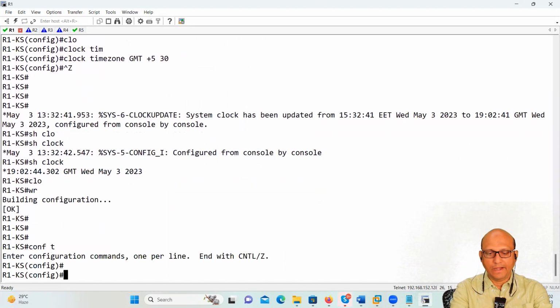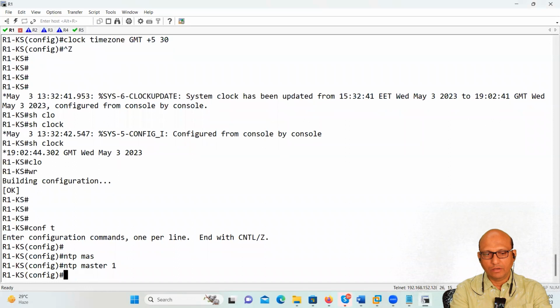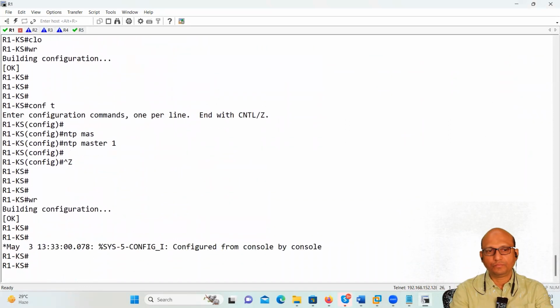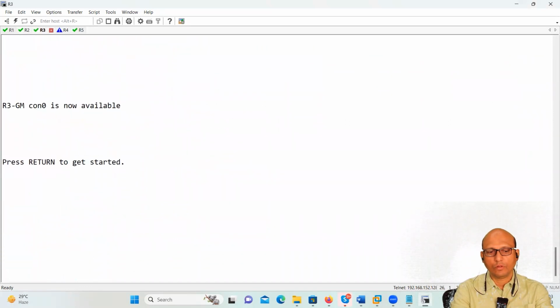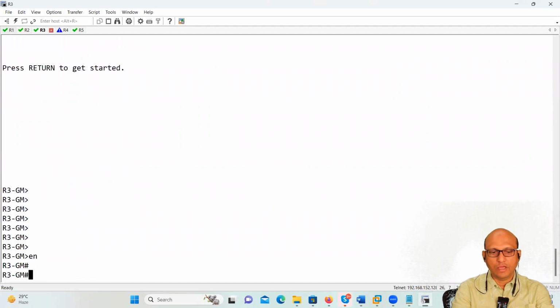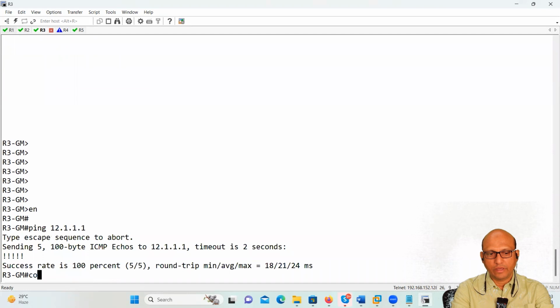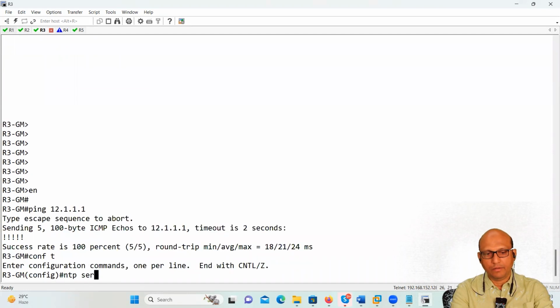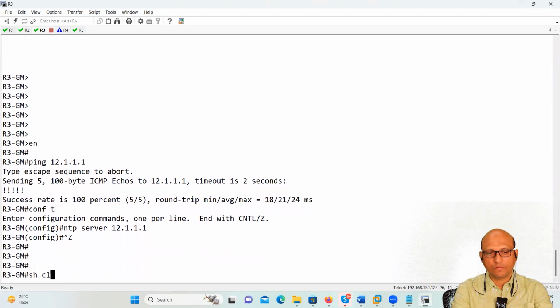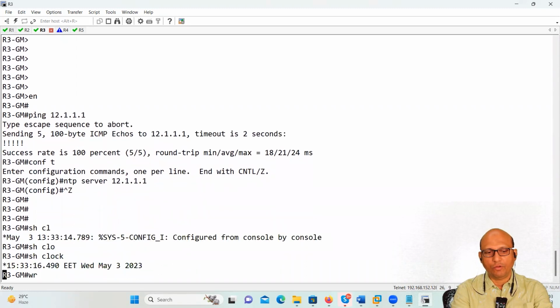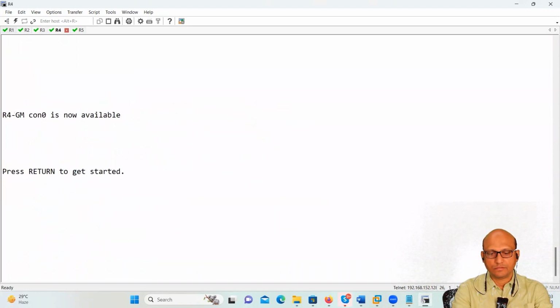Now I say this is my NTP server. So I say NTP master 1. All these guys who are reachable say my NTP server is this, so when I say show clock, it should take it from time.